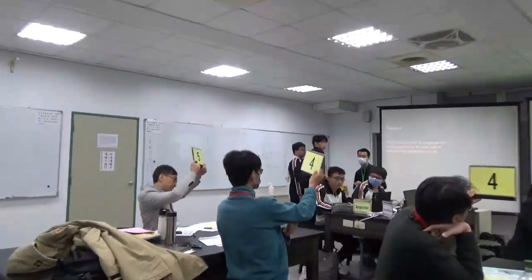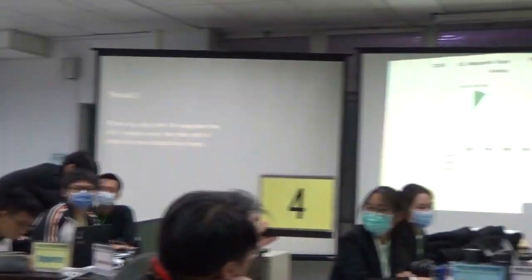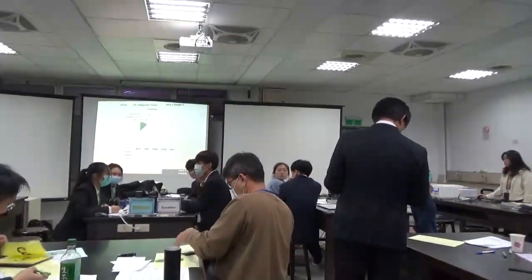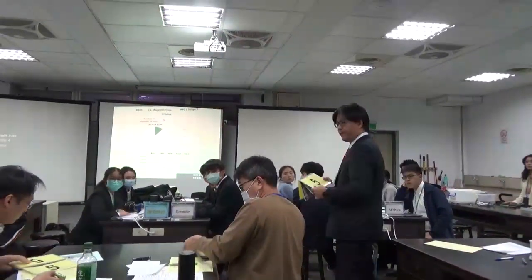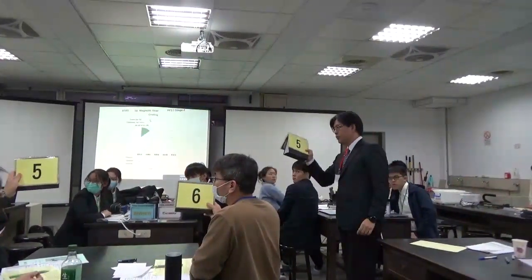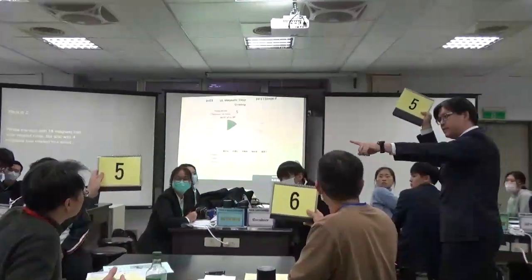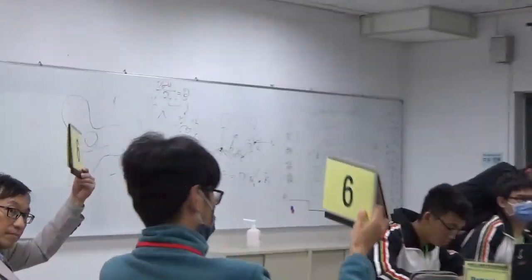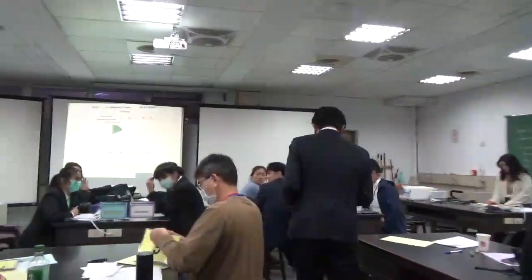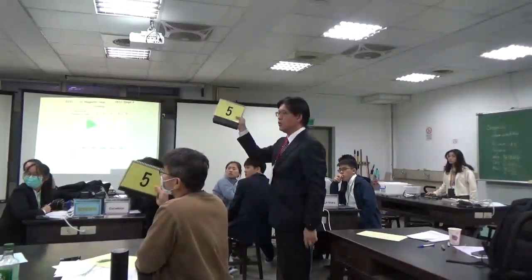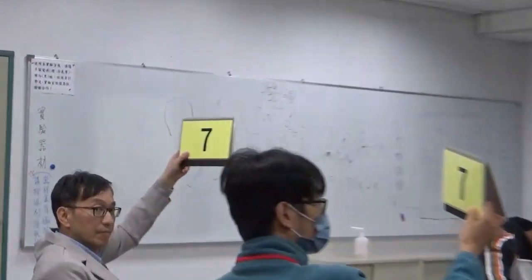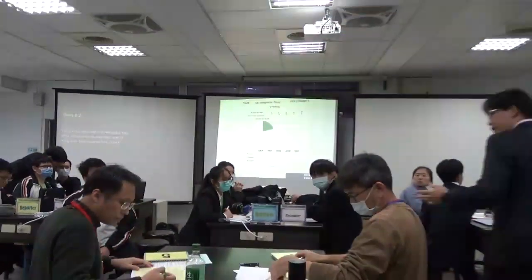The score of the reporter is 4, 4, 4, 4, and 5. Please show the score of the opponent. The score of the opponent is 5, 6, 5, 6, and 6. We show the score of the reviewer. The score of the reviewer is 5, 5, 5, 7, and 7. Okay. Thank you. Any comment?